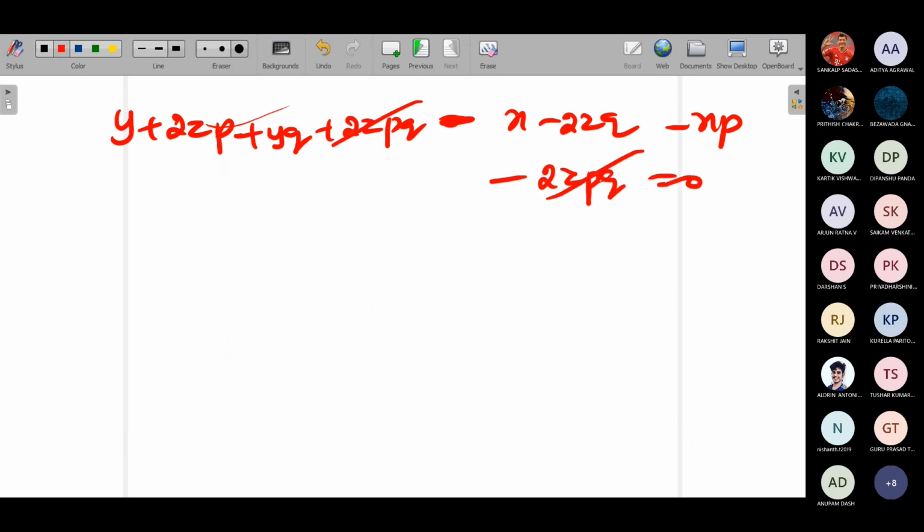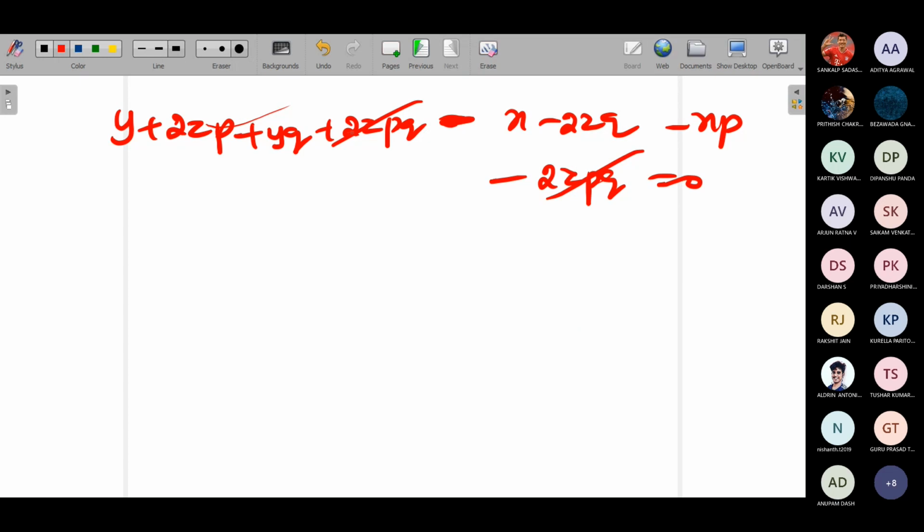So the 2zpq terms get cancelled. Nothing else is getting cancelled. So you're getting y plus 2zp plus yq minus x minus 2zq minus xp.